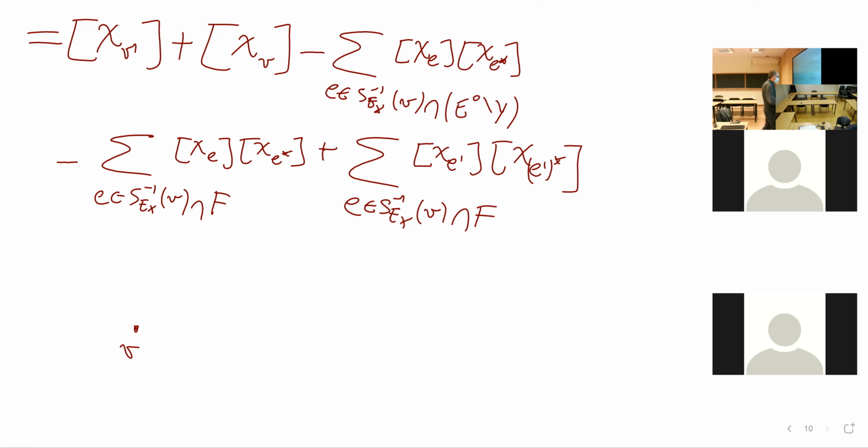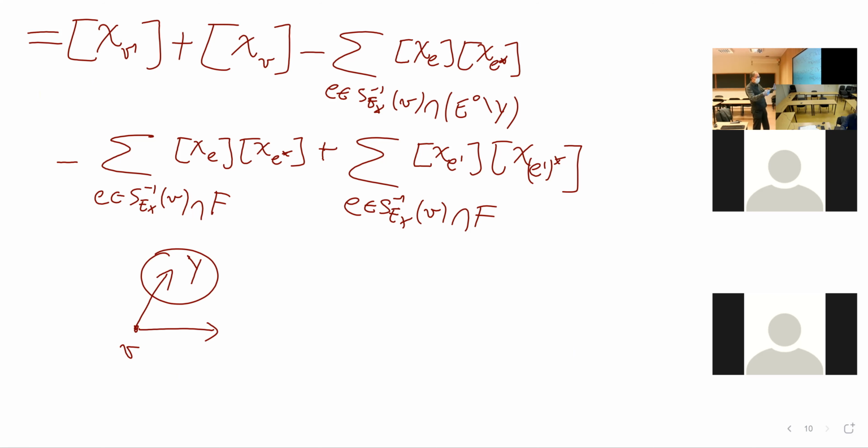Okay, in the graph E, it emits some edges which end in Y, and it might emit some edges which end beyond Y.